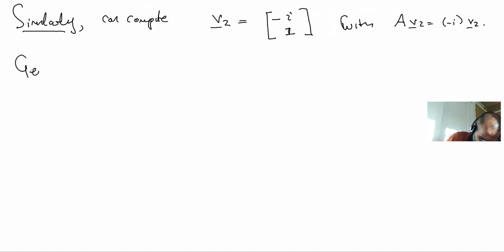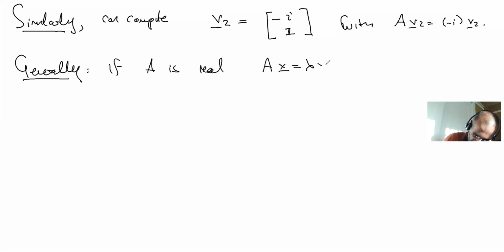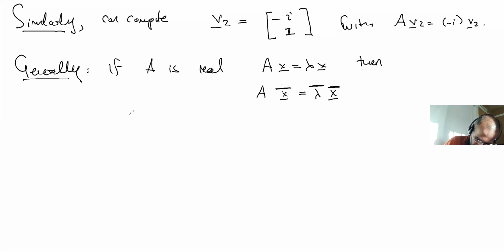So generally, if you have a real matrix, if A is real, and Ax equals lambda x, then A times x conjugate equals lambda conjugate x conjugate, where x conjugate is the vector with every entry conjugated.